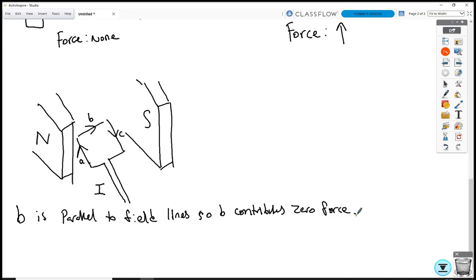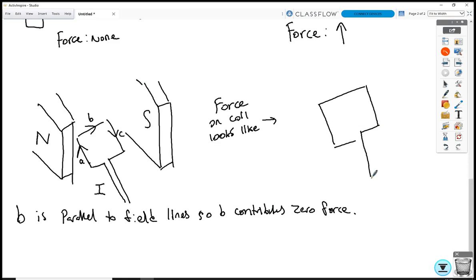So on the right-hand side, I'm just going to sketch that with the coil of wire, and we can see what happens. Force on coil looks like: at A, we said that it goes down, so we've got force going down.